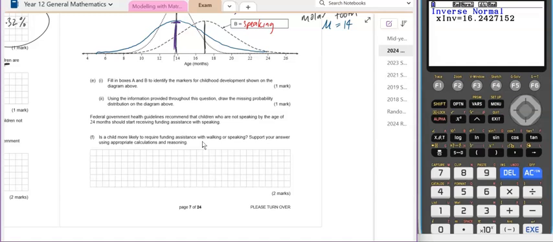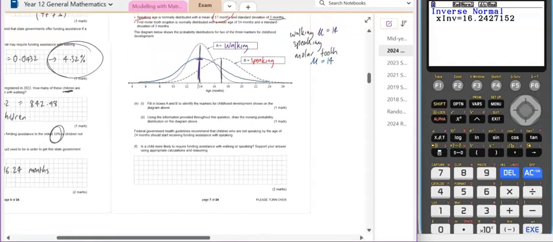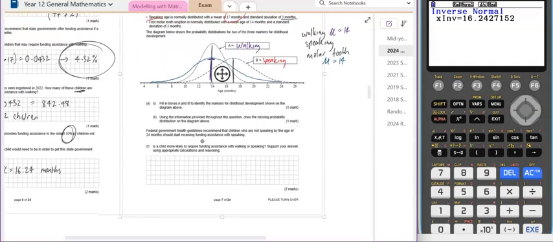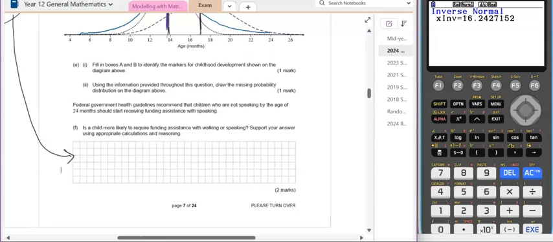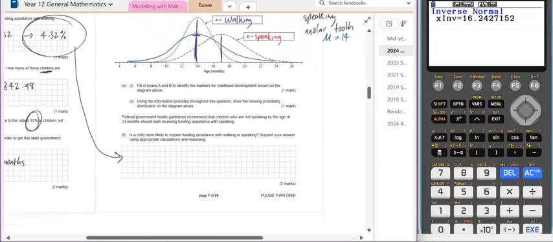Now, we worked out that about 4.32% of children need assistance with walking. So is there more or less children needing assistance with speaking?